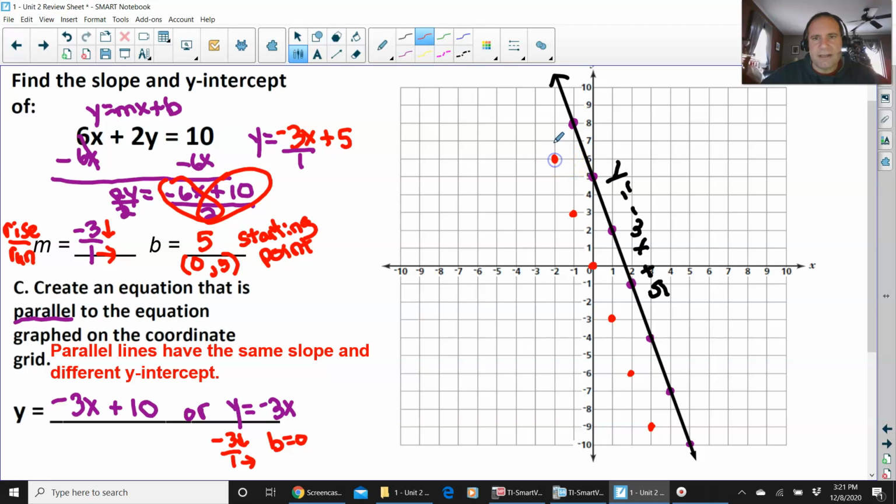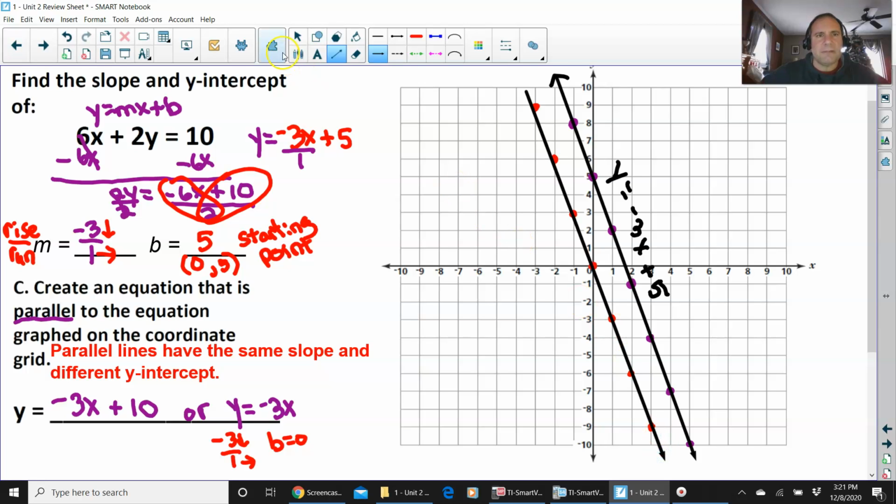When you have the same slope, these are parallel lines. See? And that is why when you have the same slope, you're going to have an exact pair of parallel lines. You don't have to graph it on the test or anything like that.